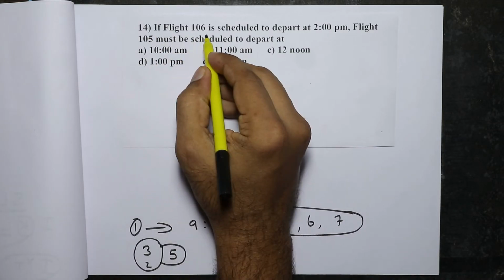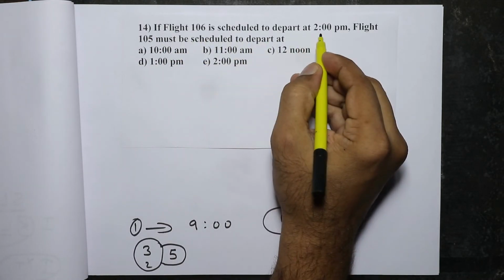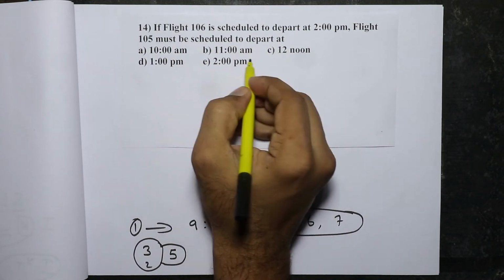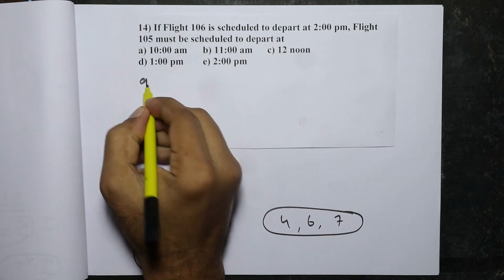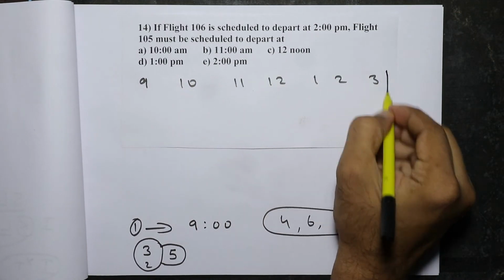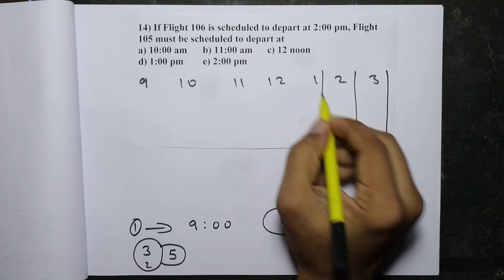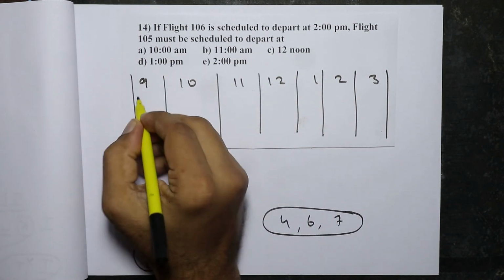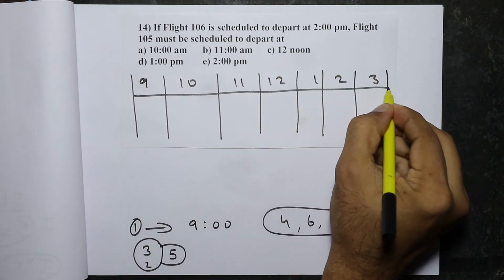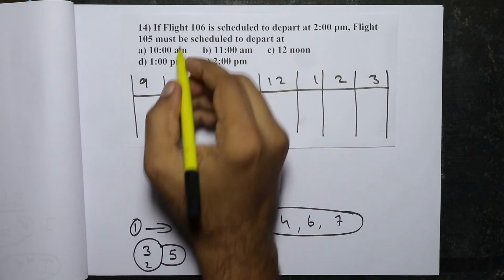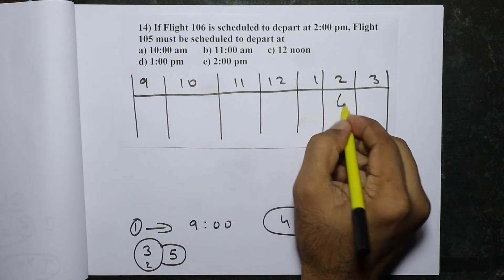If flight 106 is scheduled to depart at 2, flight 105 must be scheduled to depart at what time? So the times are 9, 10, 11, 12, 1, 2 and 3. Flight 106 is scheduled to depart at 2. So 106 is at 2.